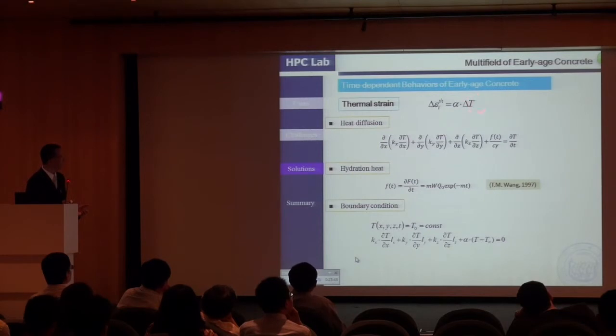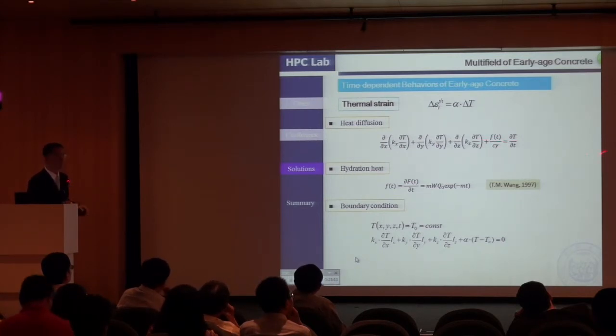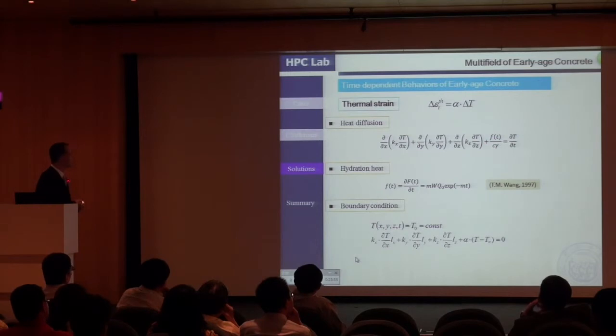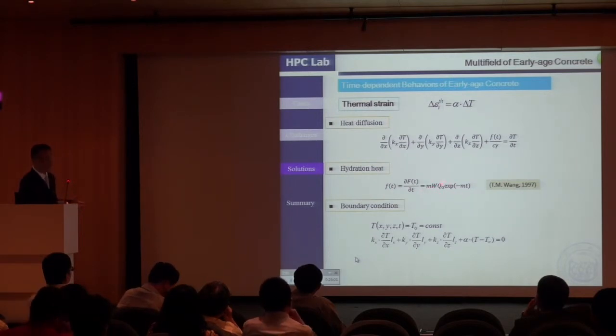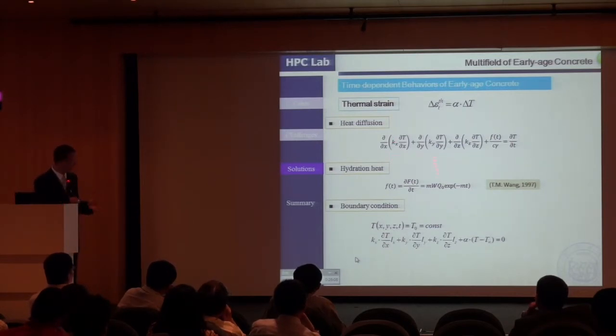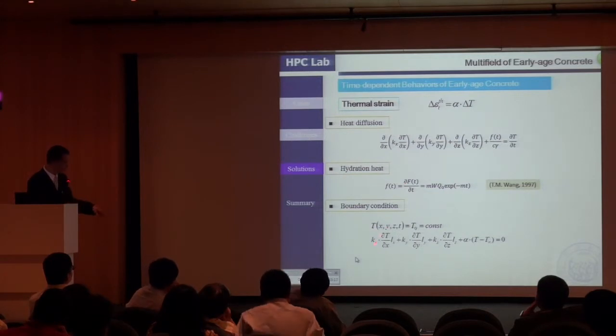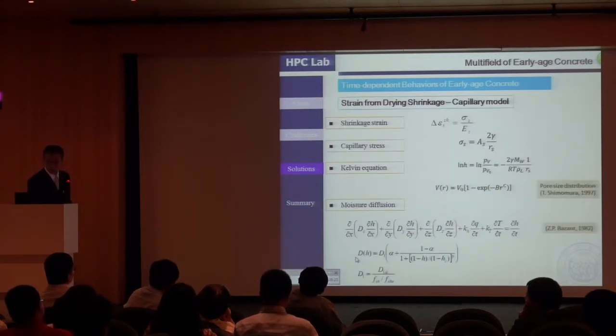So we need to know the temperature variation during the hydration process, or even under the radiation of the sun. And we can get the hydration heat process, but the distribution of the temperature should be solved using the finite element or finite difference method if we give the boundary condition.